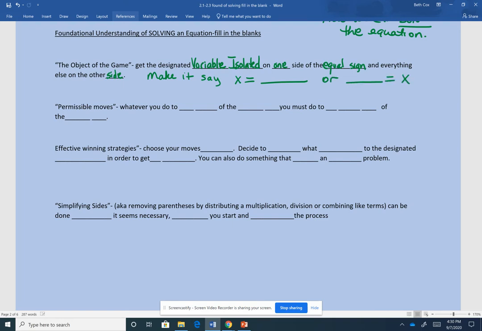If your variable is n, then you would make it n equals something, and everything else is over there, and it's a number or other things, or something equals n. N by itself is isolated on one side of the equal sign and everything else is on the other.